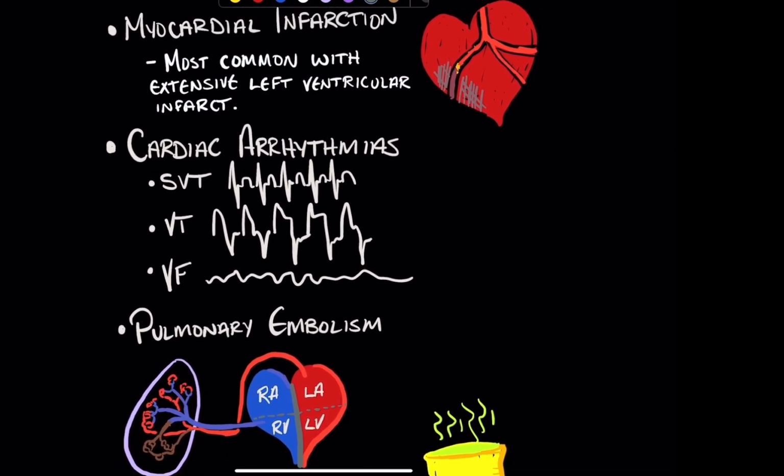Other reasons for cardiogenic shock will be cardiac arrhythmias. We spent quite a bit of time talking about this in Unit 5. So things like SVT, ventricular tachycardia, ventricular fibrillation, these rhythms where the heart's not contracting in a coordinated way, we'll say for ventricular fibrillation.